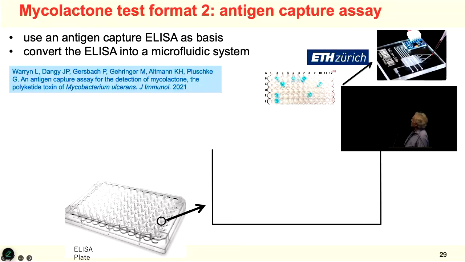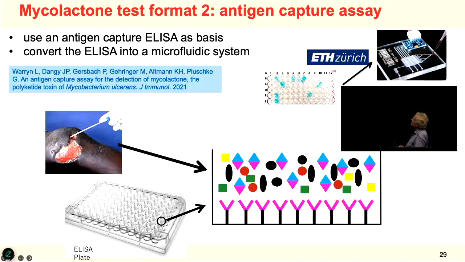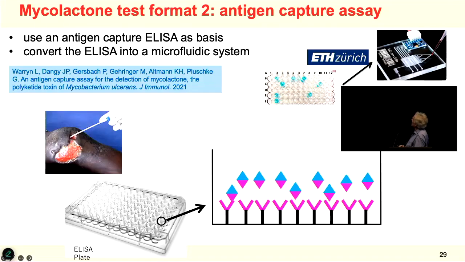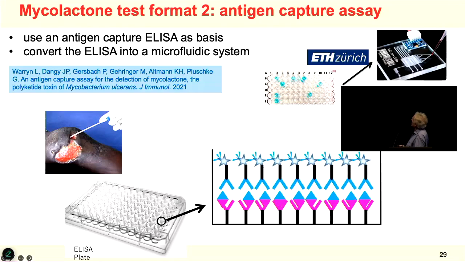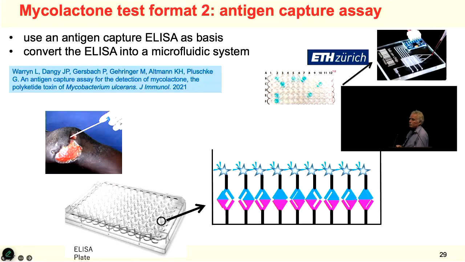The capture assay, which was actually developed by Luisa, who is sitting there and will give a talk this afternoon on drug screening, employs two antibodies. One you bind to a surface, then you add the sample, the mycolactone is captured, and you come with a second antibody. This combination of two specific antibodies makes such assays highly specific.